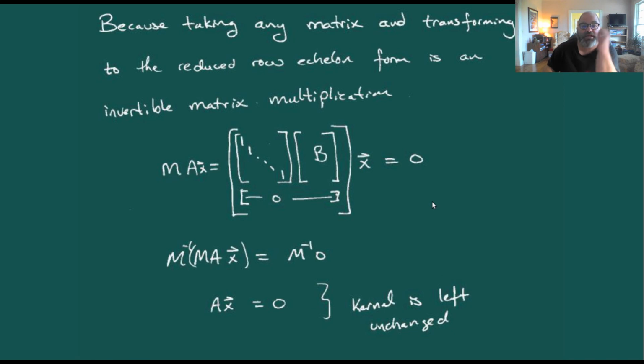Now, taking any matrix and transforming it to the reduced row echelon form is an invertible matrix operation. All of our elementary row operations, we can reverse and go back and forth.